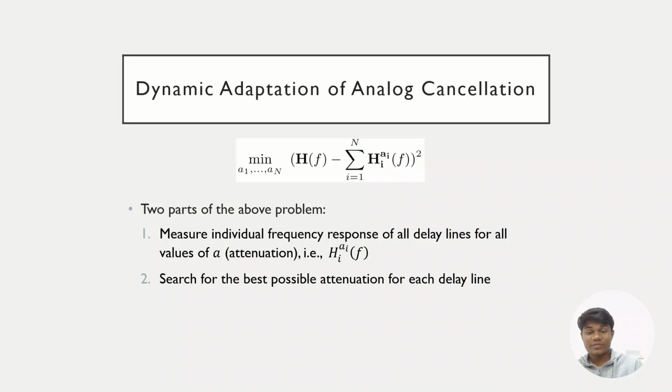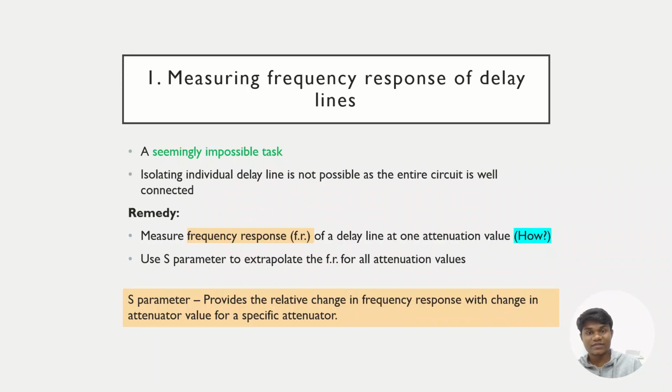Thereafter, search for the best possible attenuation for each delay line. How many delay lines? 16 delay lines. All 16 of them have 128 possibilities. That's 16 times 128 possibilities. That's a lot.